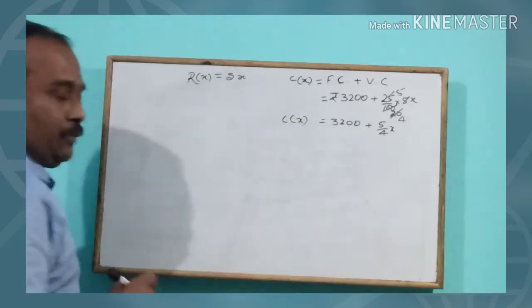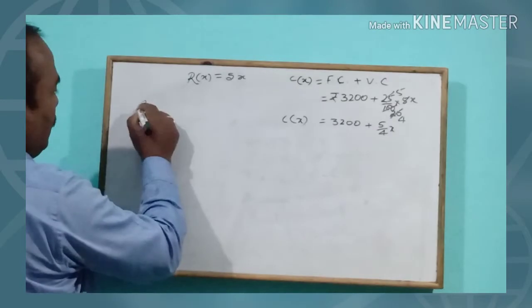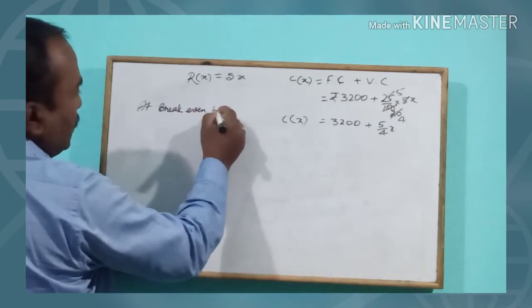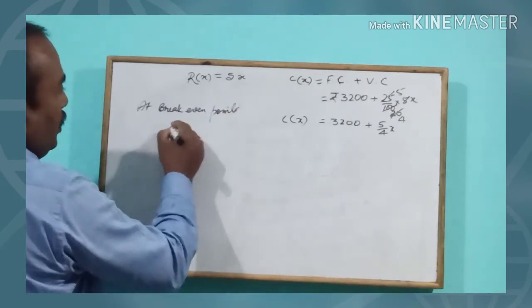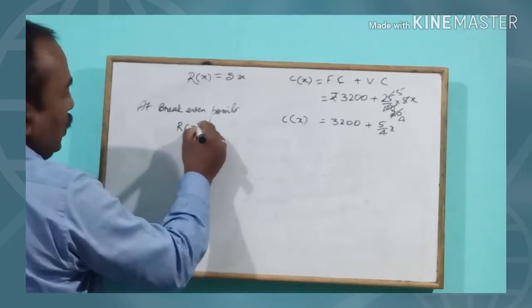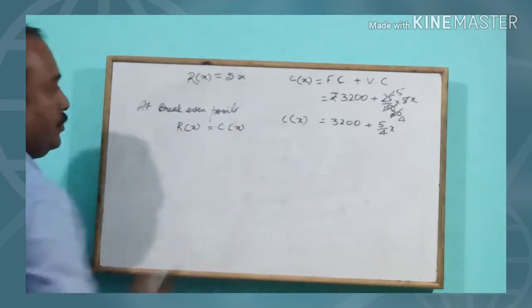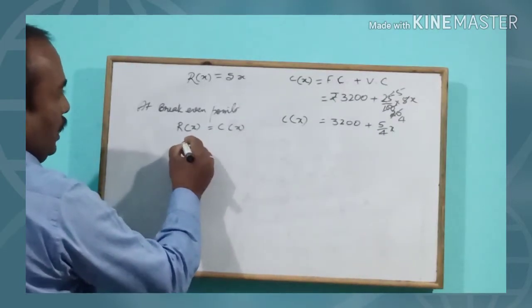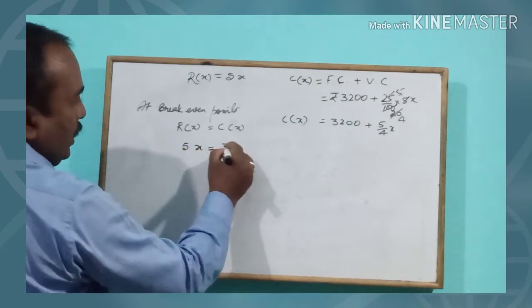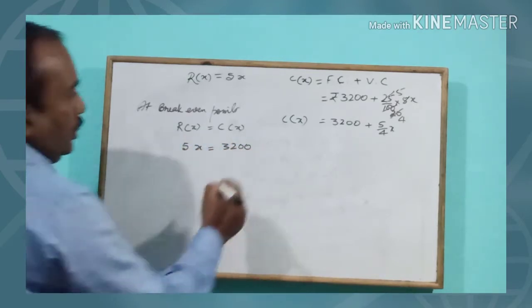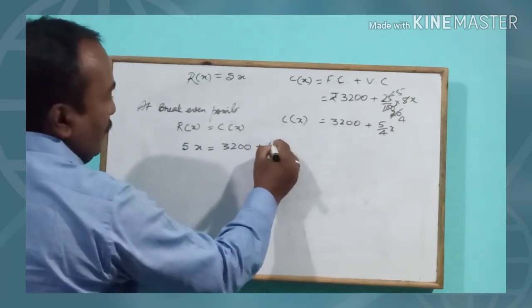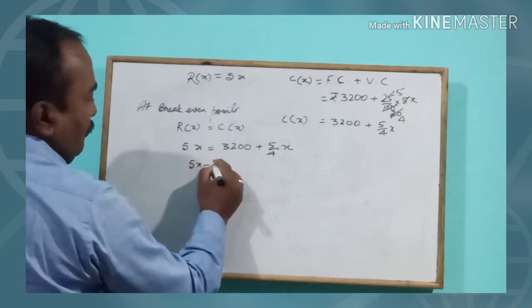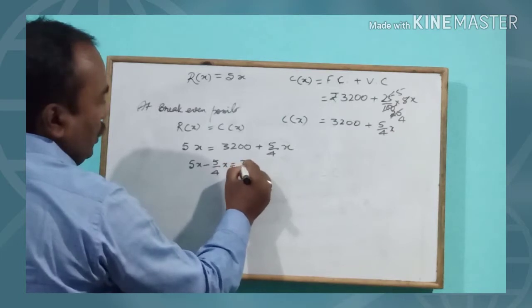So revenue function we have got, cost function we have got. Now break-even point. At break-even points, revenue function is equal to cost function. So according to the equations we have 5x equal to 3,200 plus 5/4 x, or 5x minus 5/4 x is equal to 3,200.